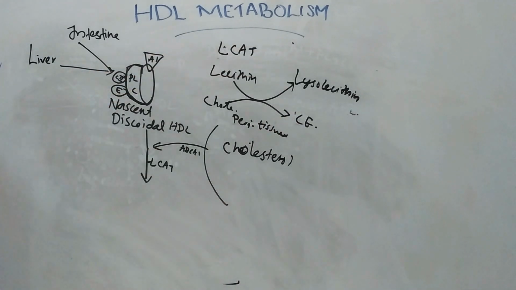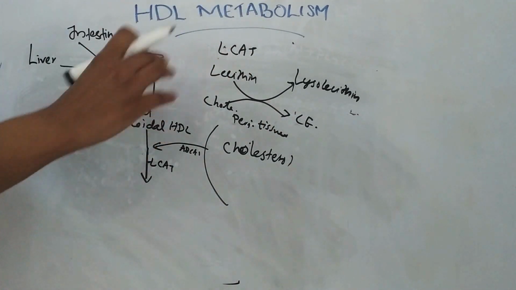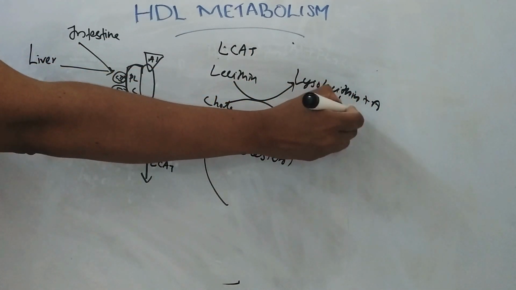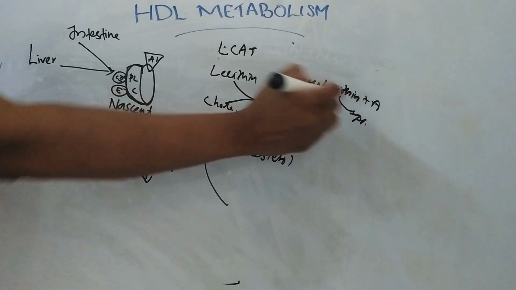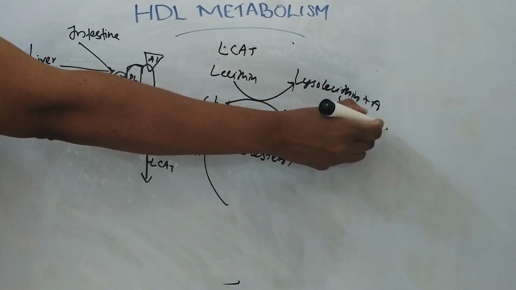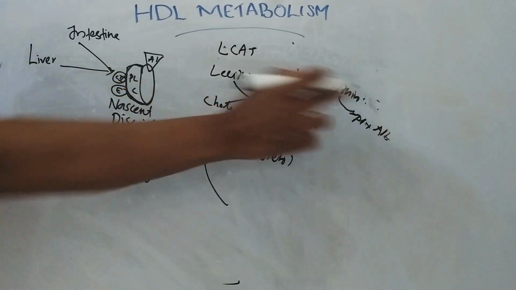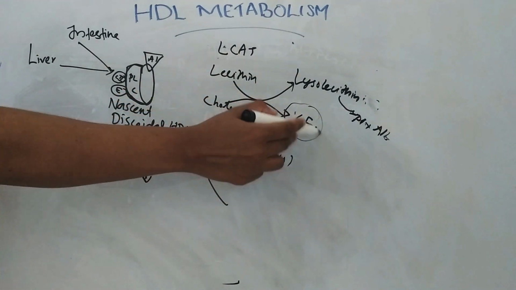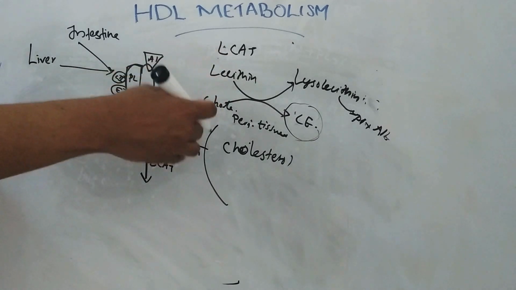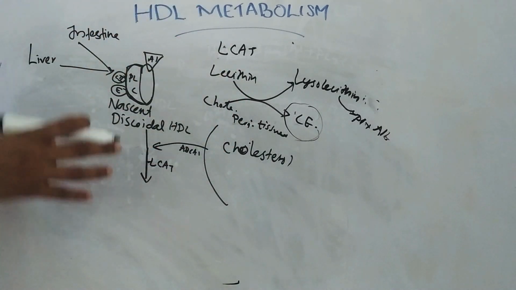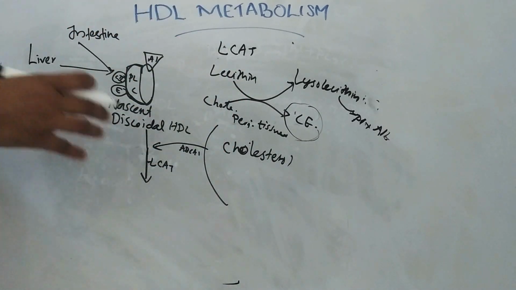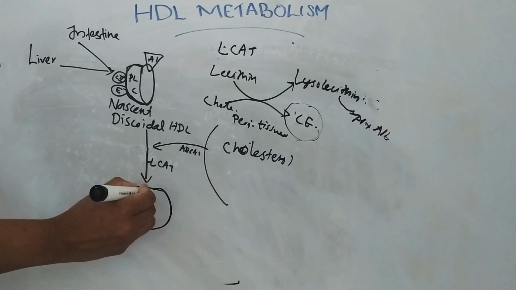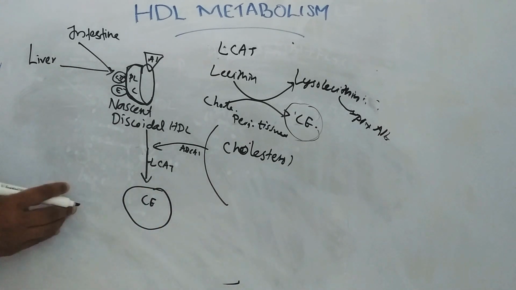Then this lysolecithin is released from HDL to plasma, where it will bind to albumin. The cholesterol esters are transferred into the central core of the HDL particle.